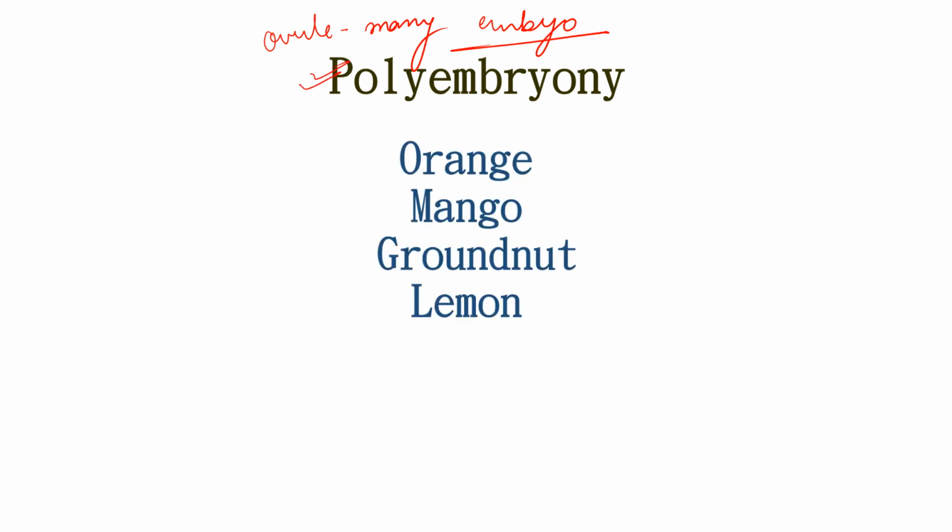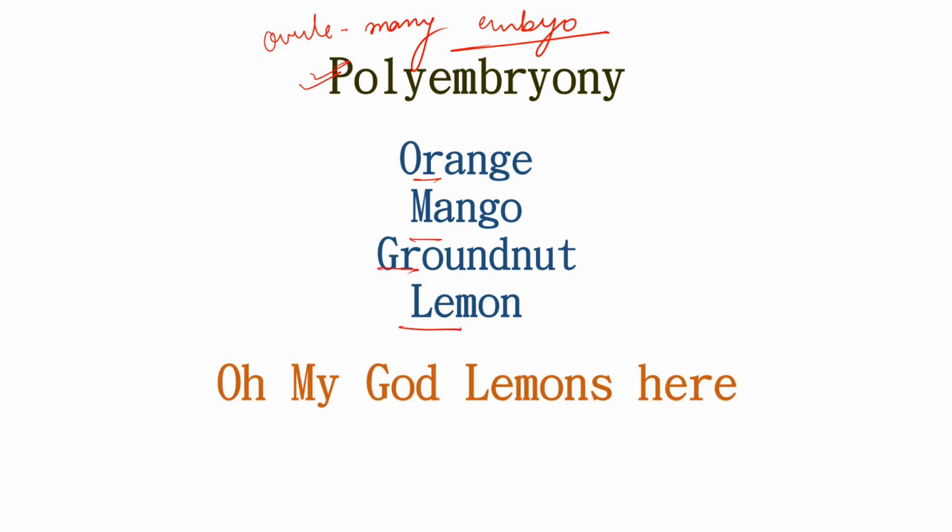Next is polyembryony. Polyembryony is when a single ovule contains many embryos. When one single ovule contains many embryos, this condition is known as polyembryony. For this, the examples are orange, mango, groundnut and lemon. A very simple trick is, oh my god, lemons here.